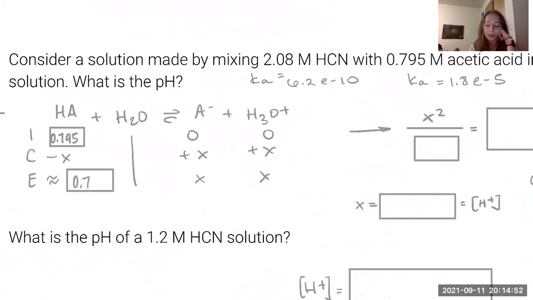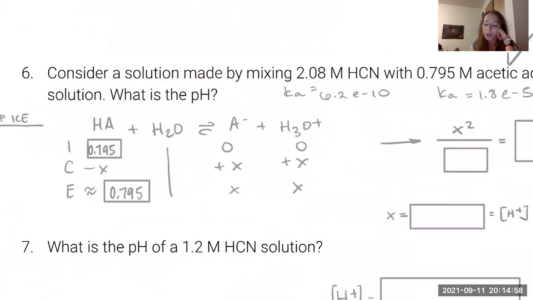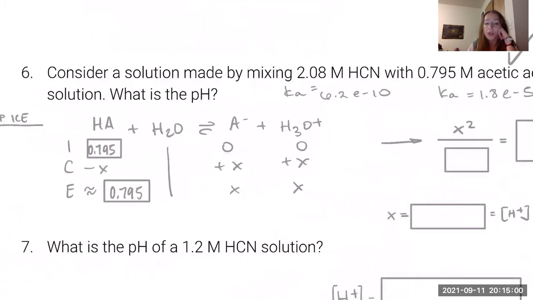So I'm just going to put the same number here. Okay, and this is the same setup you'll usually see. Some dissociation is going to happen, and then these will be our products that we don't know yet. This number is really important over here because it can help us find the pH, because H3O plus is the same as H plus, and negative log of H plus is pH, right?